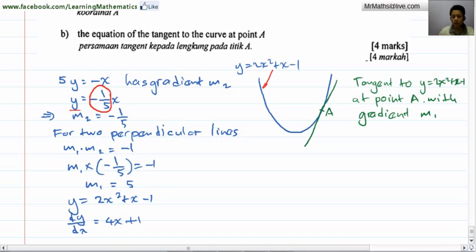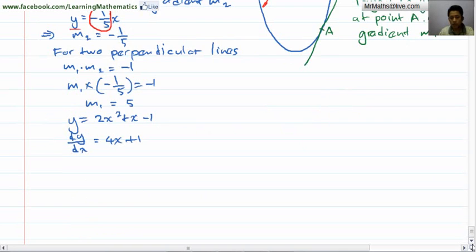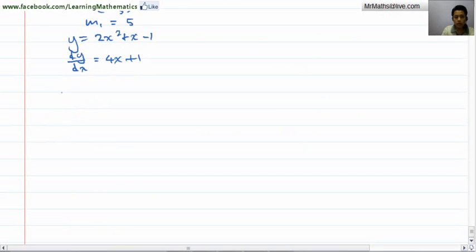Let's page down a little bit. At point A, dy over dx is 5, and as such 4x plus 1 is 5, and 4x is 4, and x is 1.